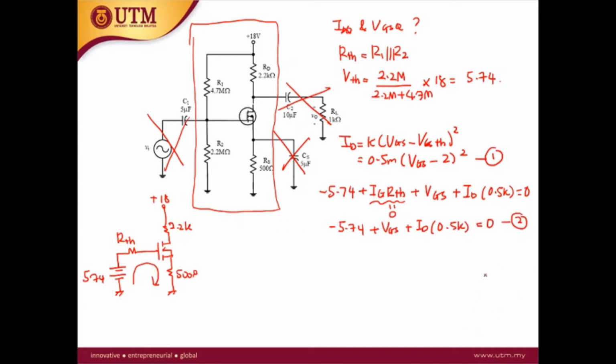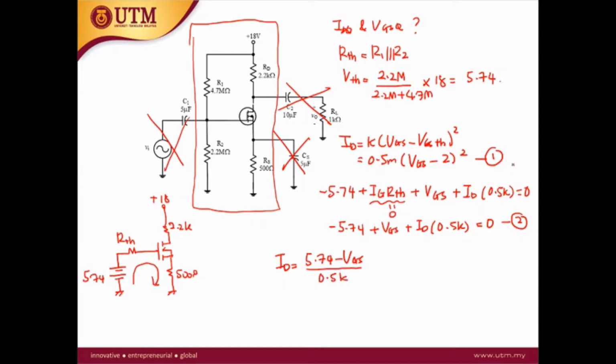Next step is you solve the first and the second equation. From equation number 2, you can define ID equal to (5.74 minus VGS) over 0.5k.